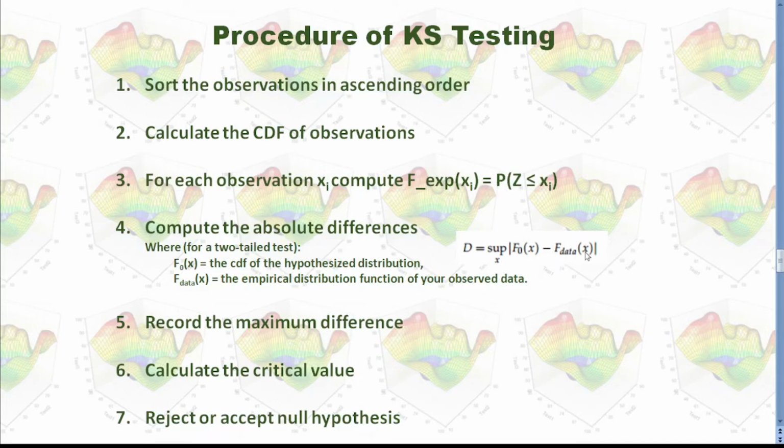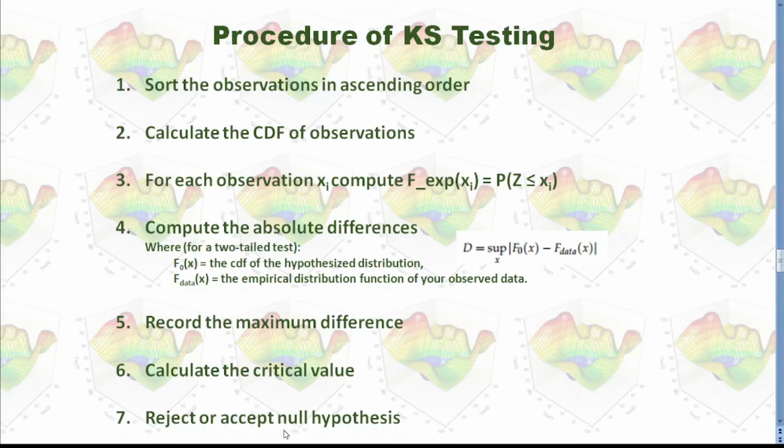We check the difference and we will record the maximum difference. And then we will calculate the critical value and use our hypothesis test. We will reject or accept the null hypothesis.